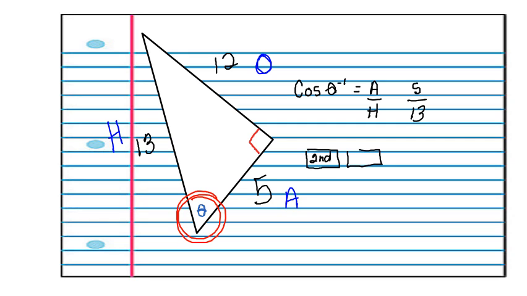Second, cosine, because that's the -1. And then 5 divided by 13. Second, cosine, 5 divided by 13 gives us 67.4. I'm going to subtract that from the 90 because that's the other angle, and we get 22.6.